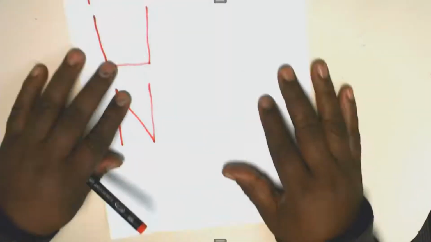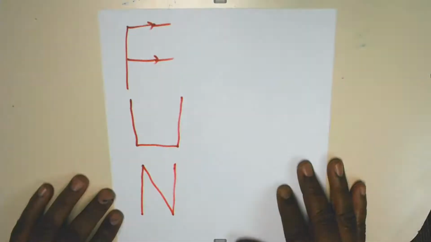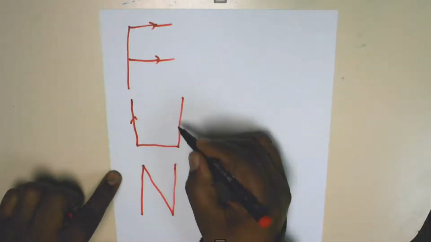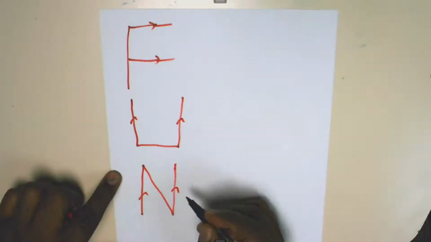Right? Sometimes people use this approach as a way of remembering. Let me just lift this a bit. Whichever way you'll remember, whichever way will make you happy, they call it a fan of parallel lines.